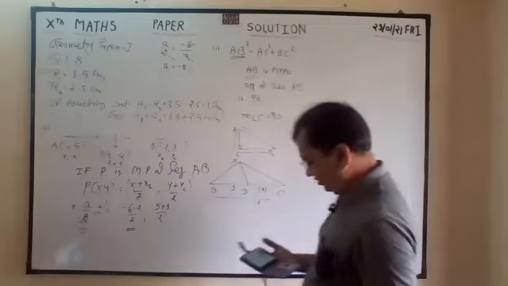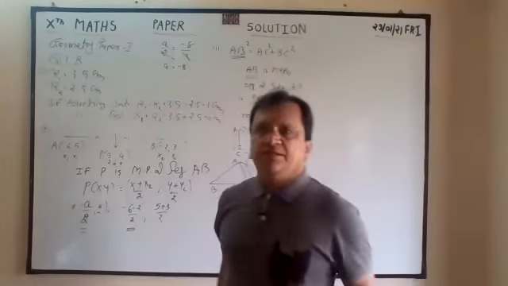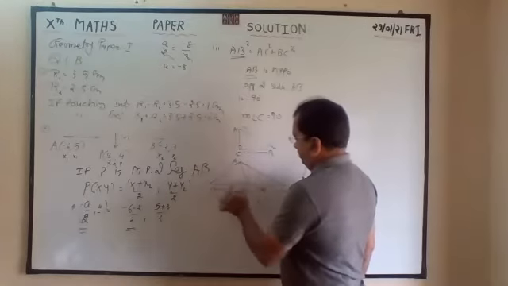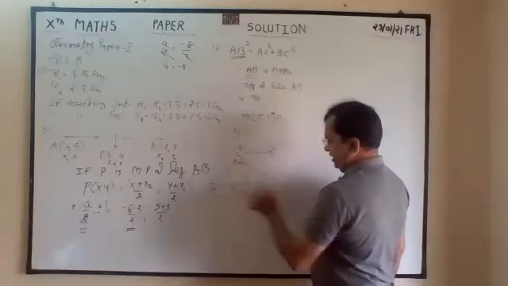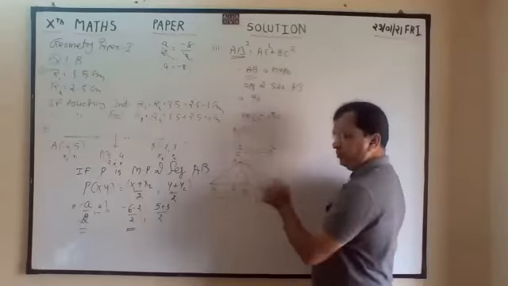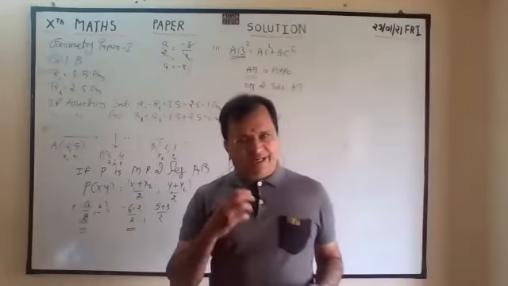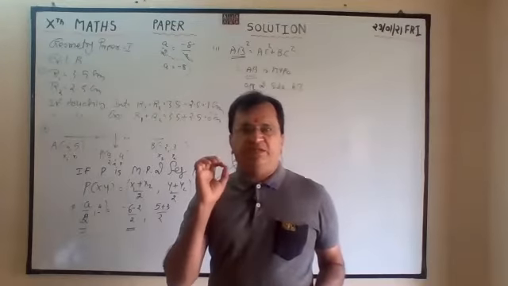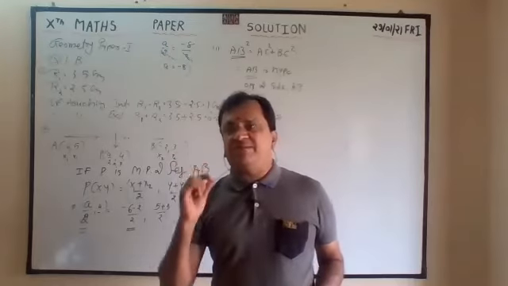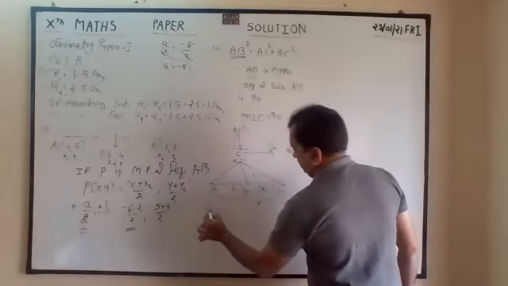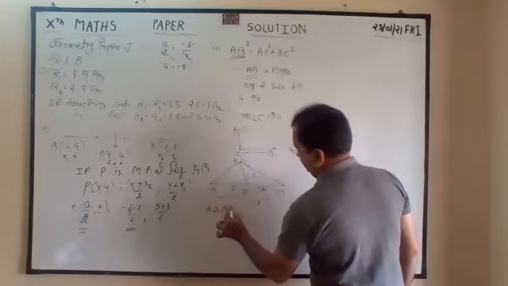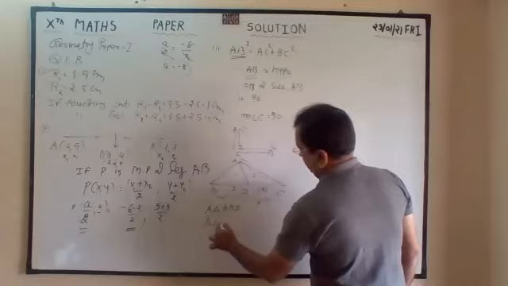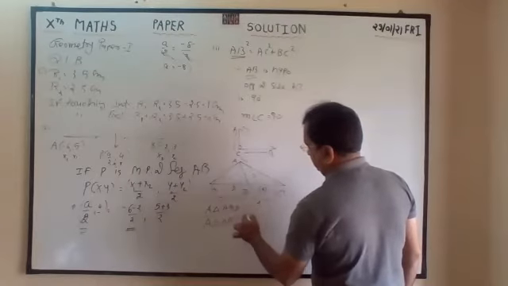ABD, ABC we have to find. So here there are three triangles: ABD, ADC, and ABC. For all three triangles, height is common. Height is same. That is why area by area is equal to base by base. They have given the area of triangle ABD and area of triangle ABC.